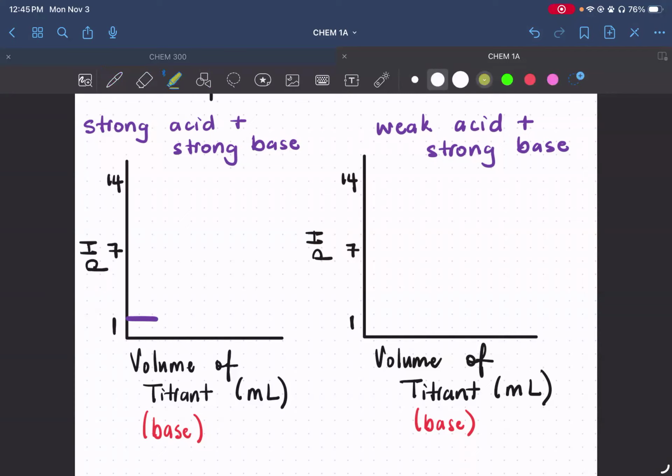We know, of course, since the label is strong acid, it's going to be pretty darn close to that one. Again, it doesn't need to be perfectly to scale, just as long as it's very clearly strongly acidic. Meaning, based on the scale right here, if I started it right here, that would be wrong, just because of where I drew the 7.